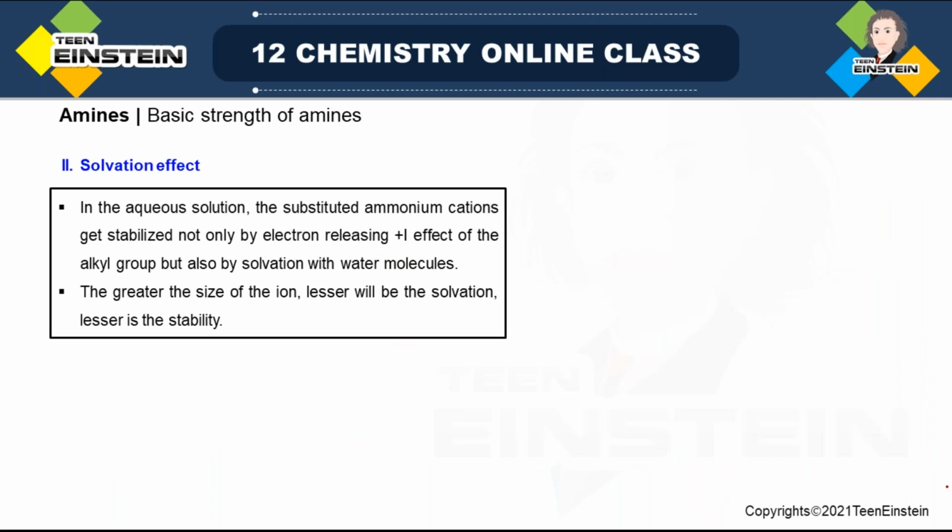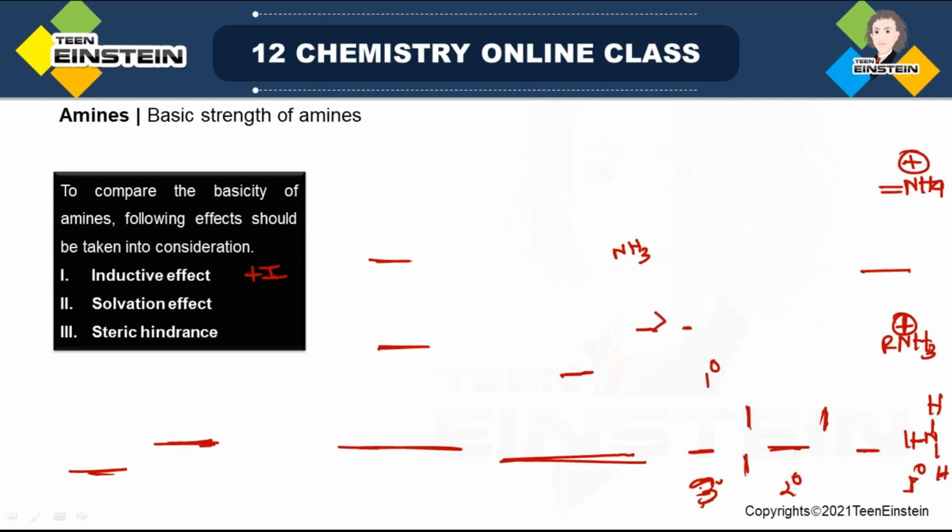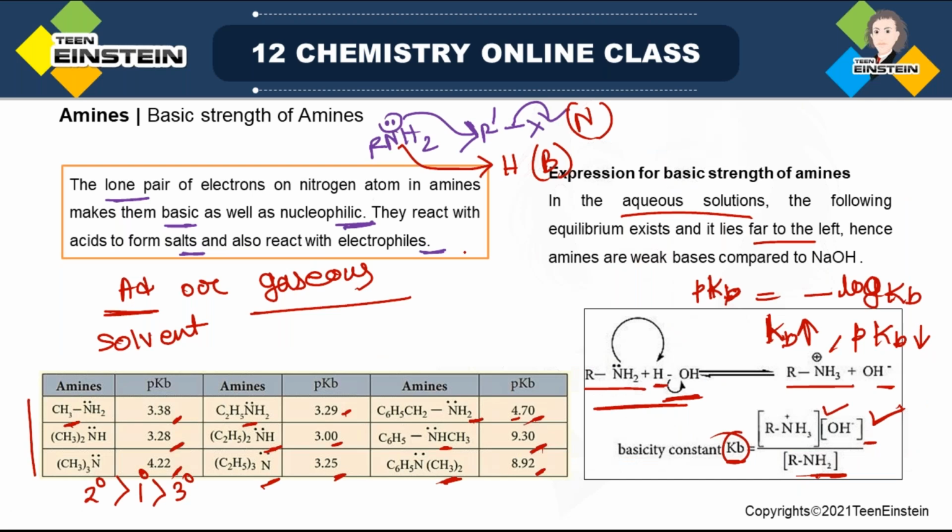Now solvation effect. So in the aqueous solution, the substituted ammonium cation, why are we saying cation? Because when it is aqueous solution, obviously you have to consider the protonated form. Remember this slide. Whenever amine is in water, you always have to consider this type of protonated form.